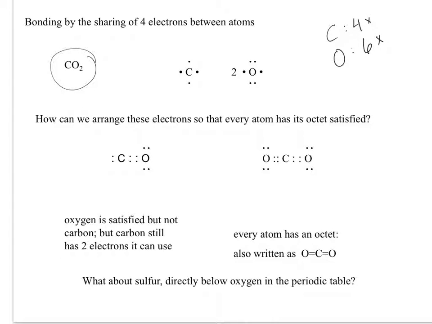Carbon is in column 4A, so carbon's total is 4. Oxygen is in column 6A, but in this formula there are 2 oxygens, so 6 times 2 is 12. So in total, CO2 needs to have 16 valence electrons.